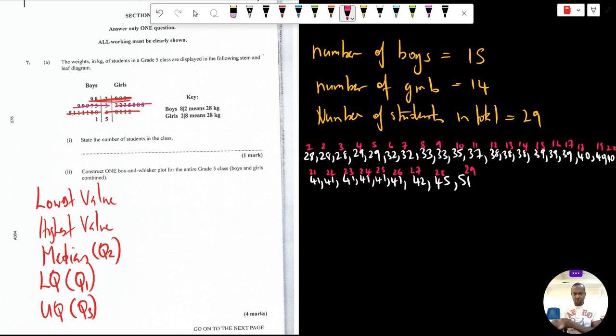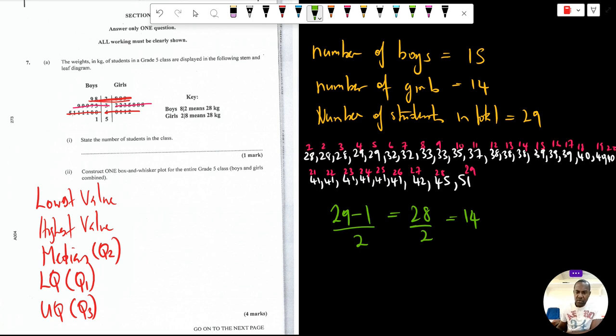Now, because this is an odd number of items, then the median will be easy to determine, right? So we basically count from either end until we get to the middle number. And of course, another way of doing it is to say that 29 minus 1 divided by 2, which gives us 28 divided by 2 is equal to, well, 14.